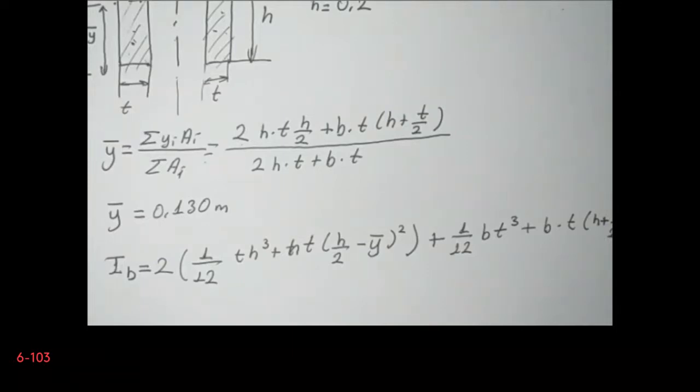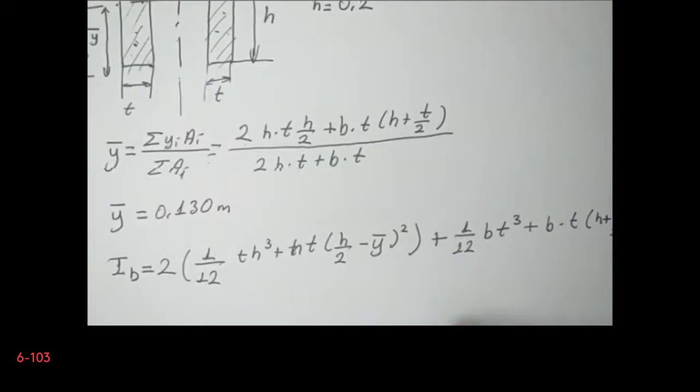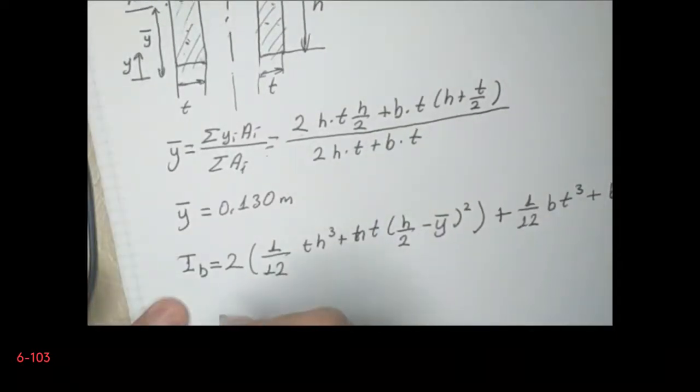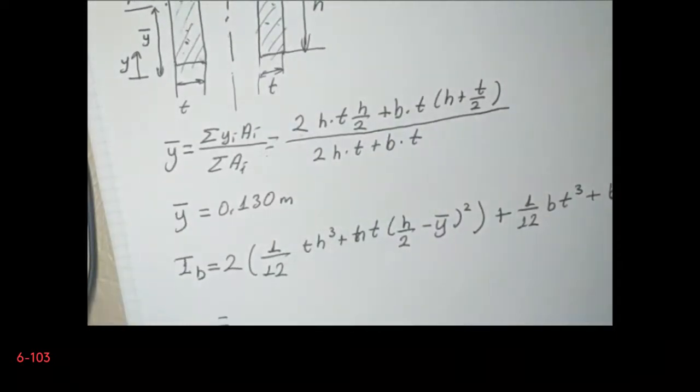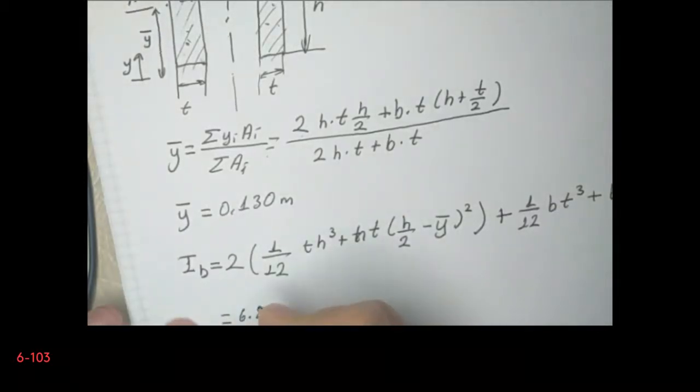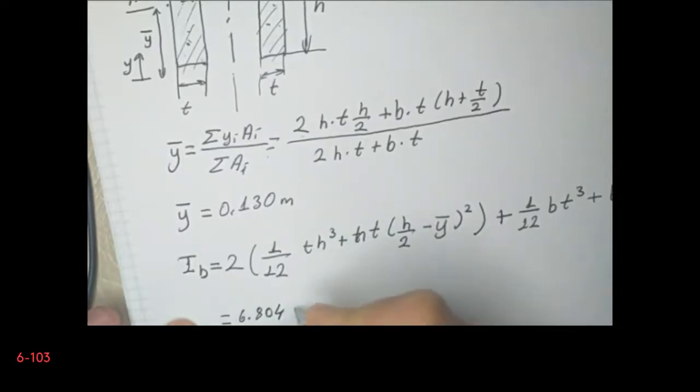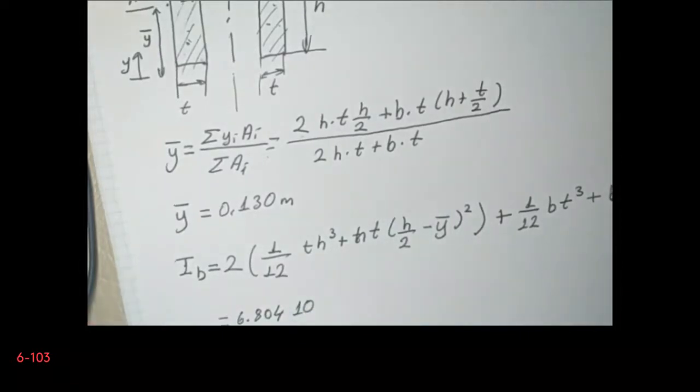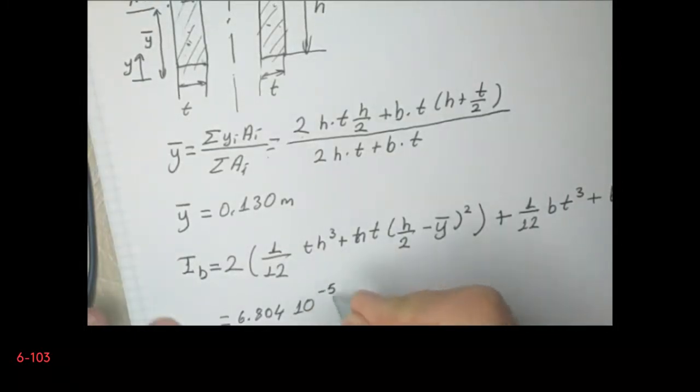Bending moment of inertia, therefore, is 6.804 × 10^-5 meter to the power 4.